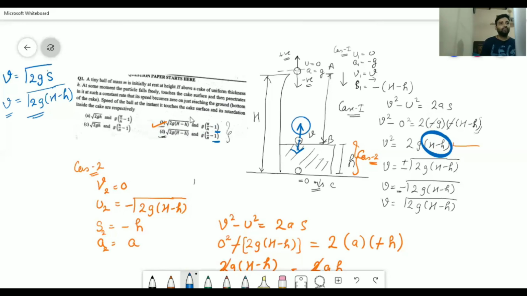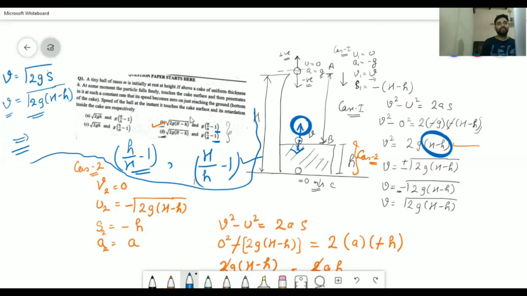So it will be positive only when H upon h minus 1 is a positive value, whereas h upon H minus 1 is a negative value, right? So we will not be able to take this one and we will take this one, right? And that's why the answer will be B. This can be a trick by which we can solve this question easily, right?